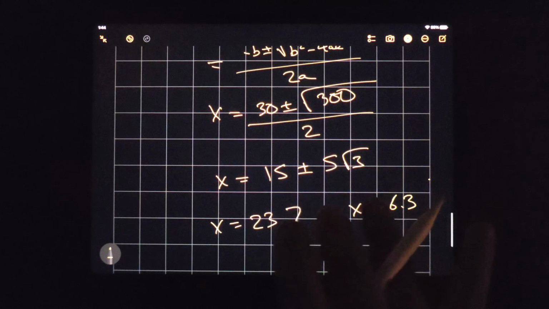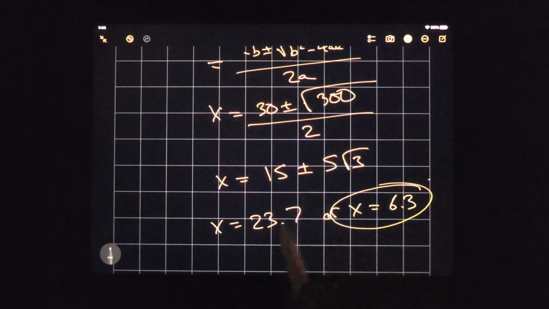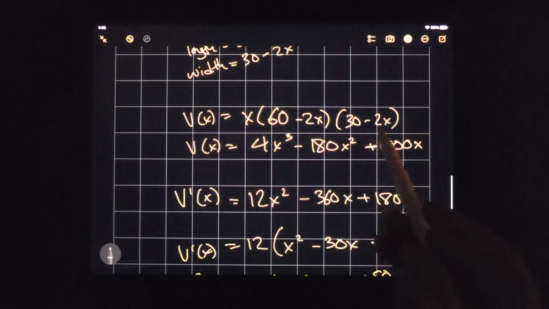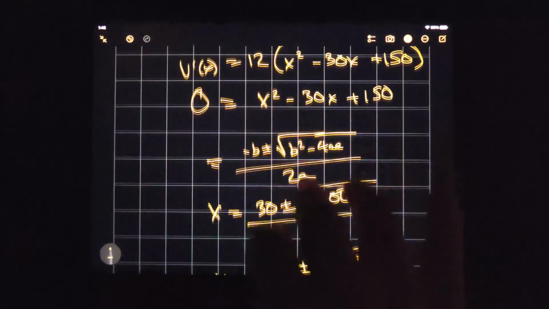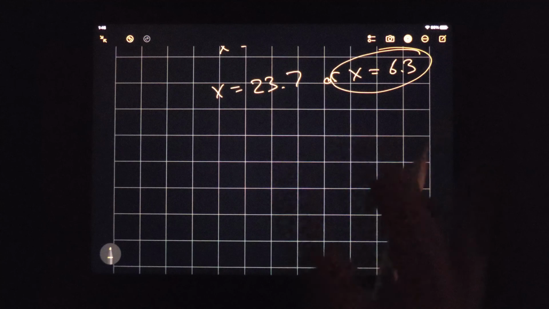I'm going to go with 6.3 because the other one clearly is not feasible in our situation, because if you plug it in here, you're going to get a negative length, so it has to be 6.3.